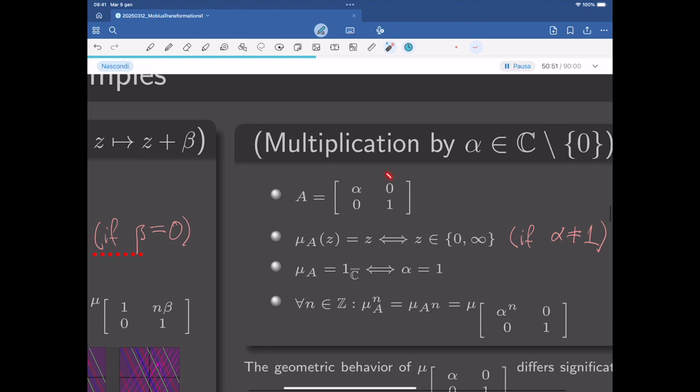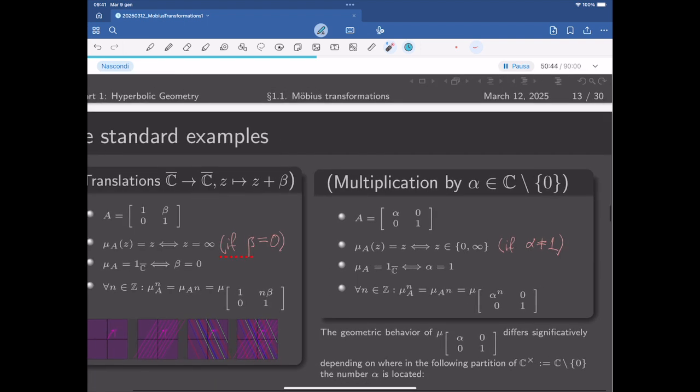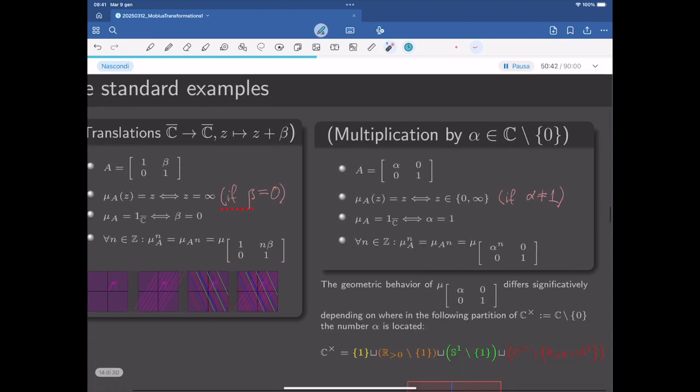For this matrix, the associated Möbius transformation is the identity if and only if alpha is just this multiplication by 1, also obvious. And finally, the computation of the group generated by this Möbius transformation: the nth power is just the Möbius transformation of this matrix, which is multiplying n times.